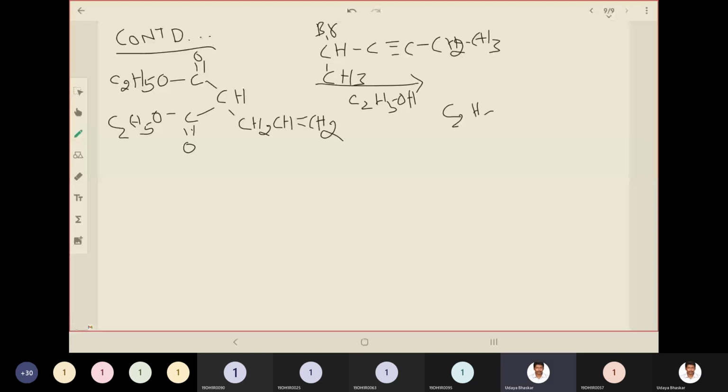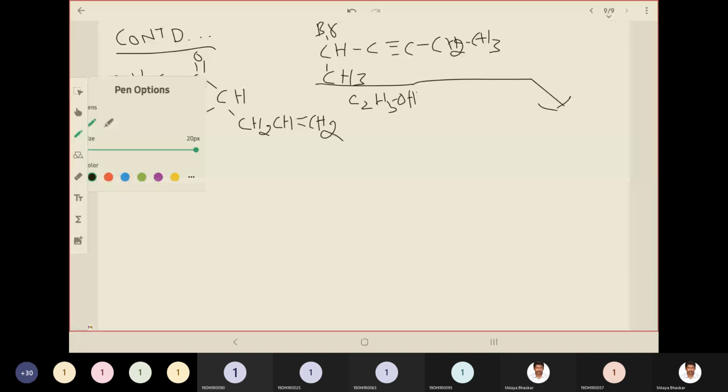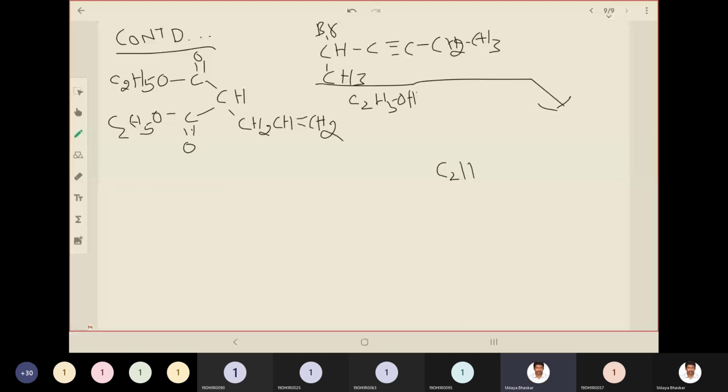So the next intermediate we get is the second side chain getting attached to the malonic ester. First write the malonate moiety.